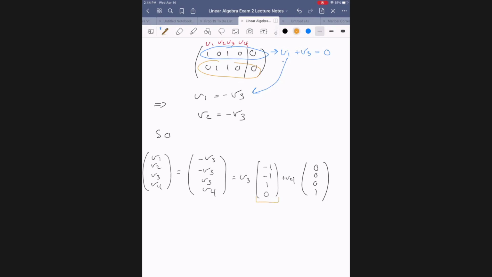These are the bases now, by the way. Call them U1, U2. So then W perp is just the span of minus 1, minus 1, 1, 0 and 0, 0, 0, 1. Okay. By the way, there was an easier way to do it.